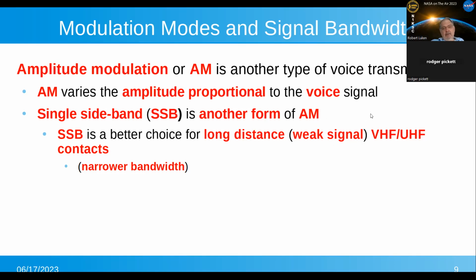I think I have a chart coming up to show that a little better. This is what's normally used. In fact, it's the predominant AM for amateur radio. You get the most distance for voice with single sideband.